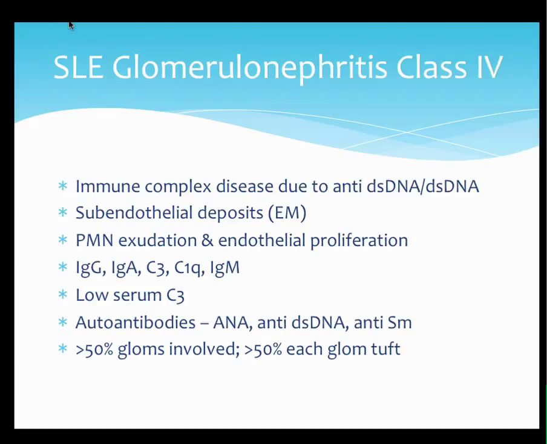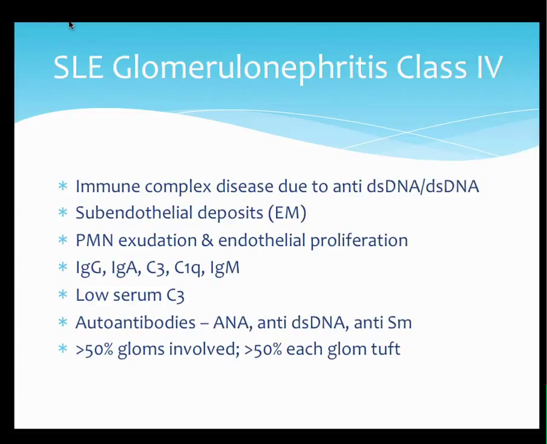Characteristically, patients with active lupus glomerulonephritis have low serum C3 levels. These patients, as you know, form autoantibodies to many different antigens and produce many different anti-nuclear antibodies, particularly anti-double-stranded DNA.